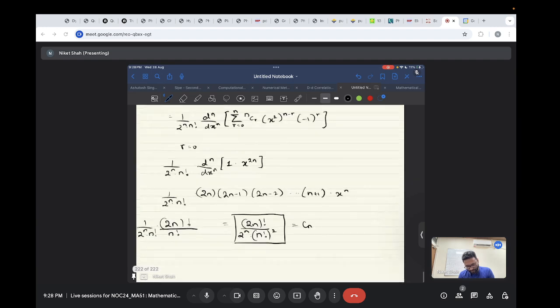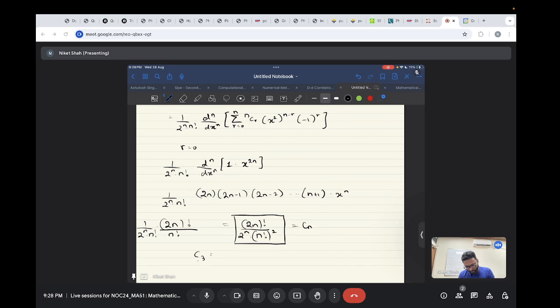Let's try C3. C3 is equal to 6 factorial divided by 2 raised to 3, which is 8, into 3 factorial into 3 factorial, which is equal to 6 into 5 into 4 into 3 factorial divided by 8 into 3 factorial into 3 into 2.